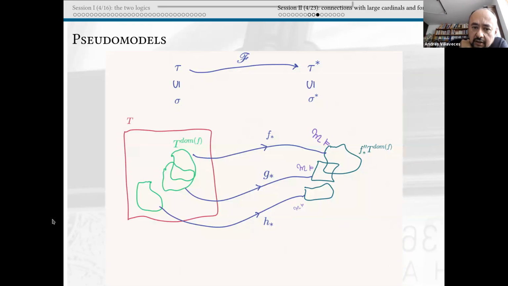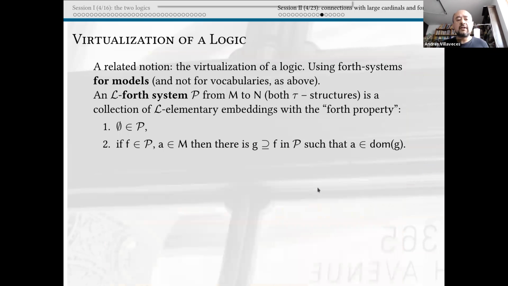In the picture here, the fourth system F was going from a vocabulary to another vocabulary, doing all this kind of syntactic transfer from the theory, or the theory restricted to some sigma and so on, and having the extension property. But this was all happening at the syntactic level, and the model here was a model in the traditional sense, except it was not a model of the red theory T, but of each one of these pieces. Now here, one could say, well, what about using fourth systems, but for models?